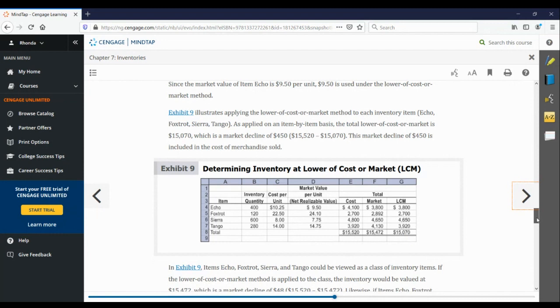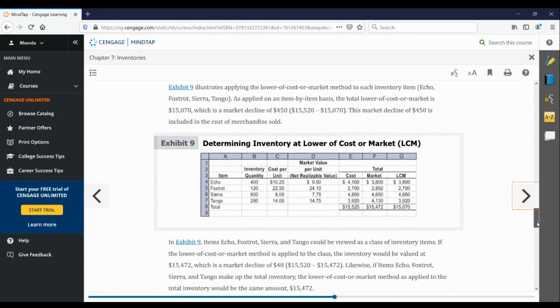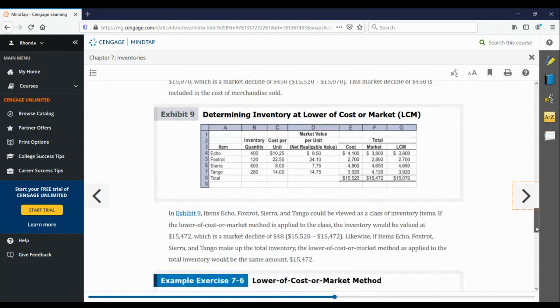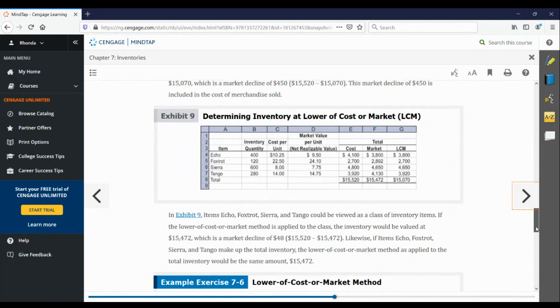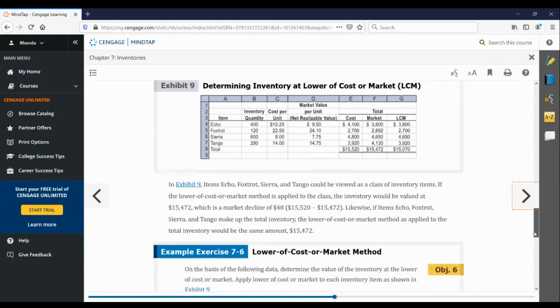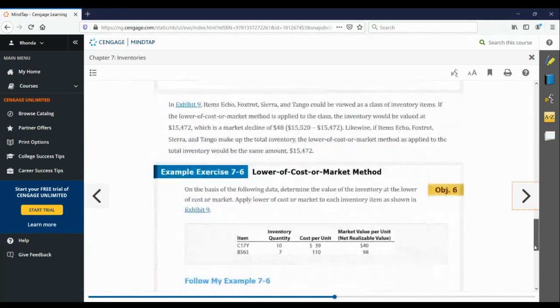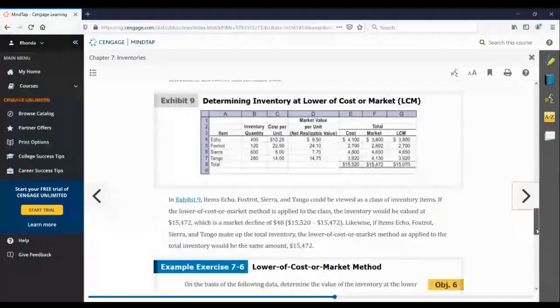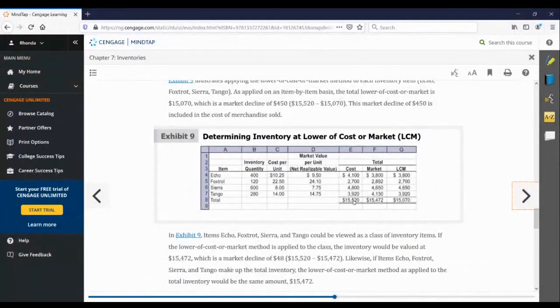So if we're looking at the lower of cost or market method on an item by item basis, you can see here that the cost was 15,520.